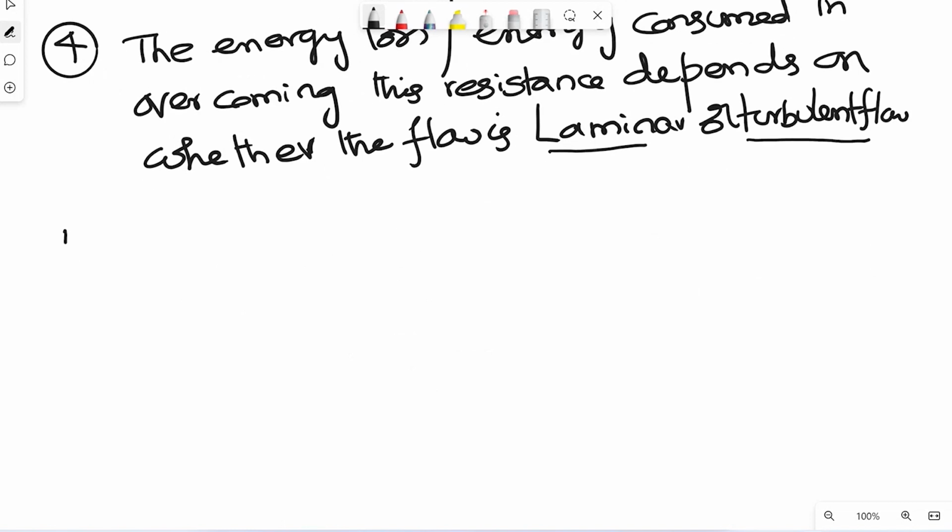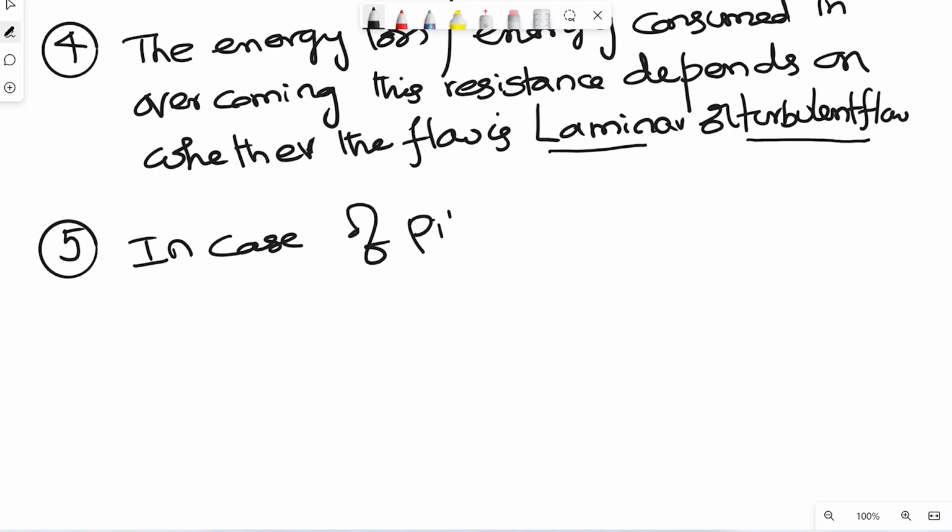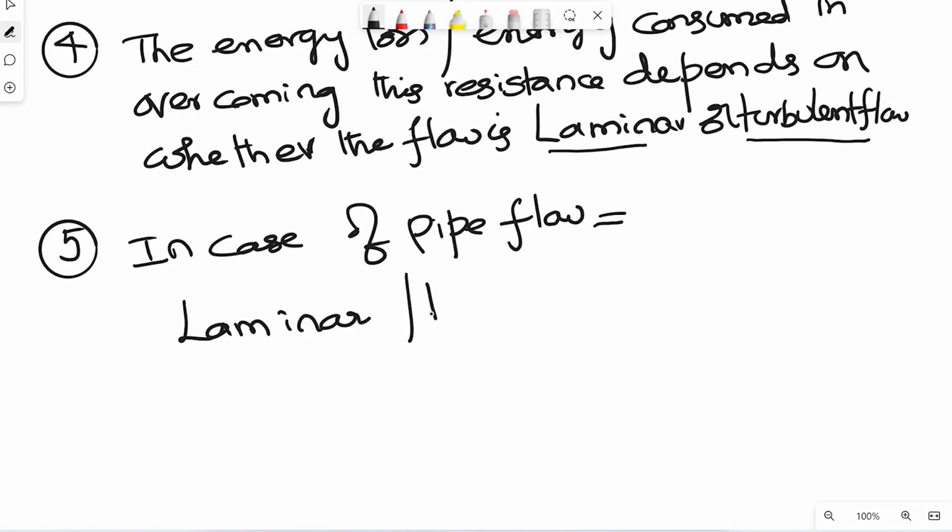Then in case of pipe flow, generally we find whether the flow is laminar or turbulent by using the Reynolds number.